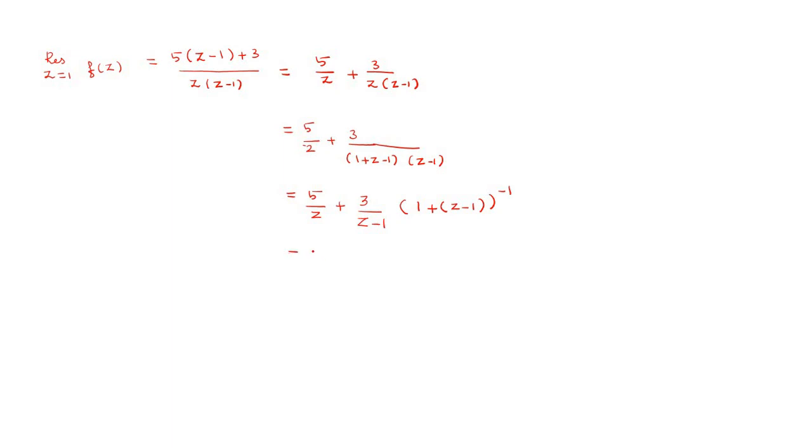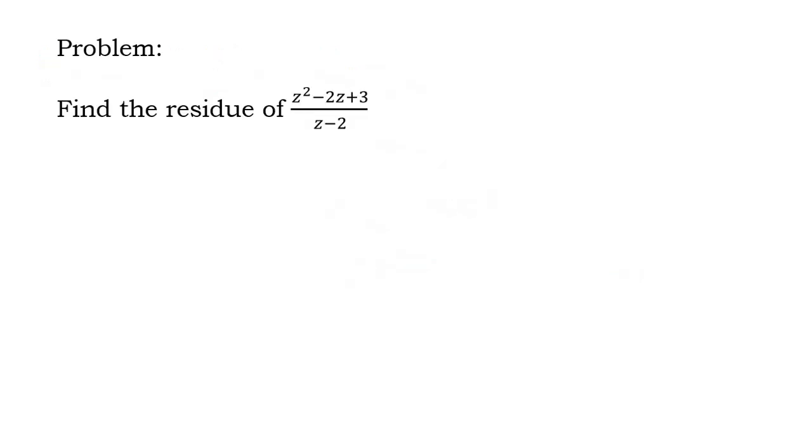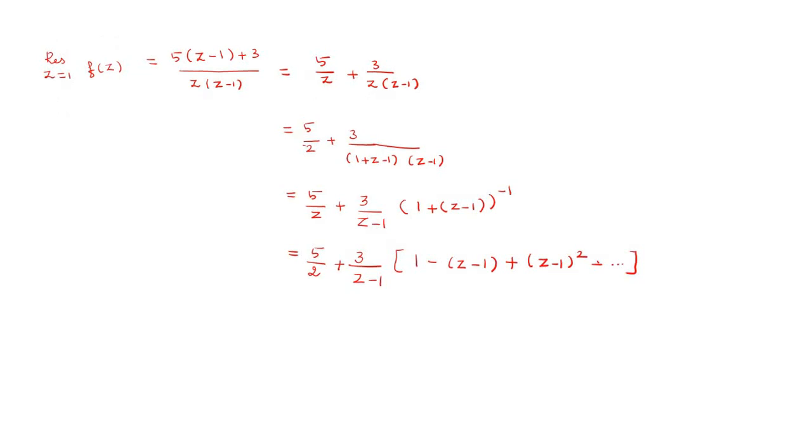So which is equal to 5 by z plus 3 divided by (z minus 1) into, we express this one, 1 minus (z minus 1) plus (z minus 1) whole square minus etc. Now we multiply the 1 by (z minus 1) inside.